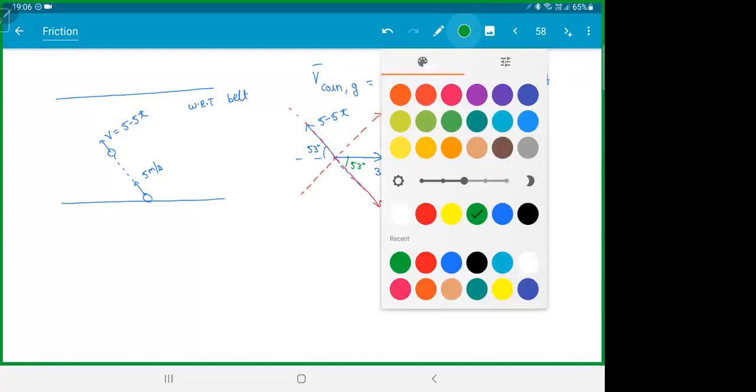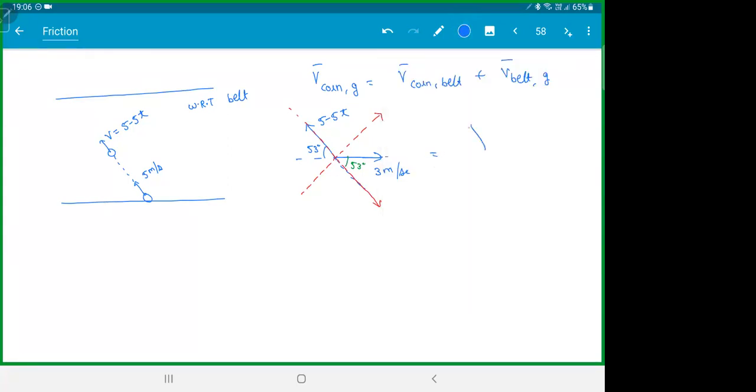So these components would be 5 minus 5t, this would be 3 cos 53, and this would be 3 sin 53. No, I wrote it reversed. This is 3 sin 53. This is 3 cos 53.